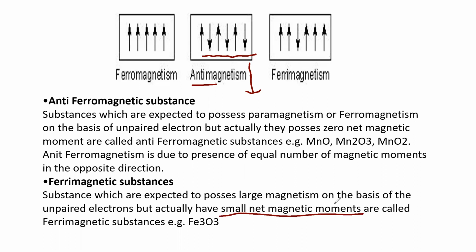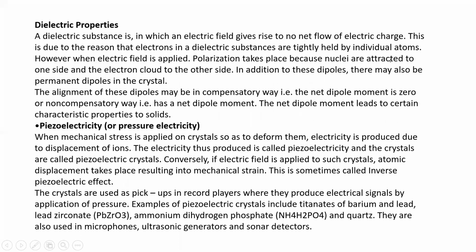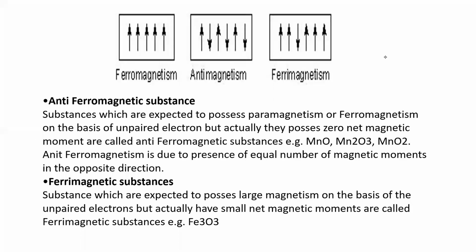Their alignment is not a regular pattern; it is an indefinite pattern. This is called ferrimagnetism. They do not follow any alignment. Once again, in ferromagnetism, the alignment of particles will be in one direction.